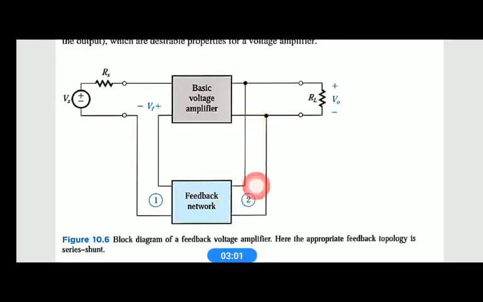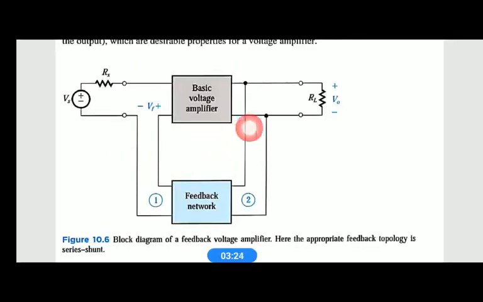The output voltage is sampled by the feedback network here, and the sampled voltage from the output voltage, Vf, is fed back in series with the applied source Vs.